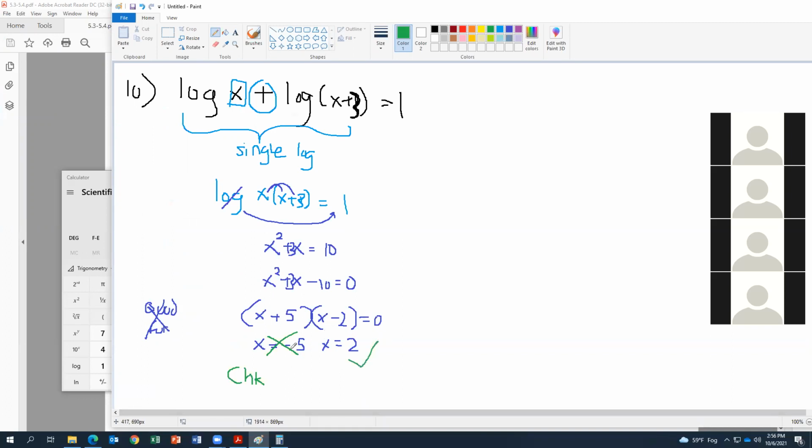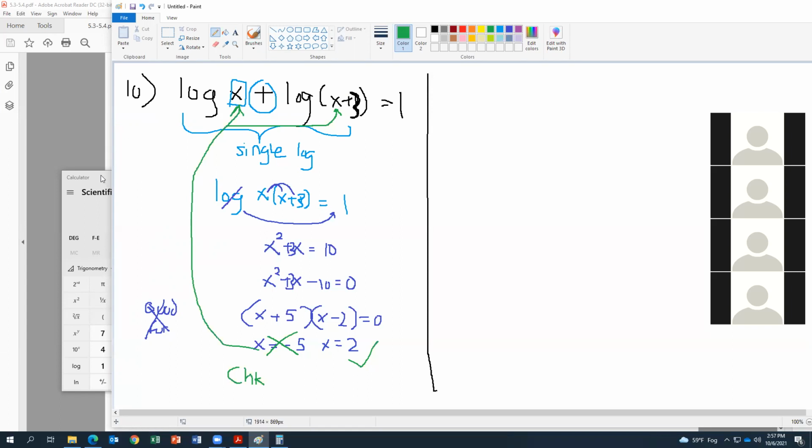Does anyone know why negative 5 is rejected? They can't be negative numbers. Yep. When you plug this back into your x, you find out that the argument is negative, so that's why it's rejected. But when you plug 2 in here, it's positive. So that should be good.